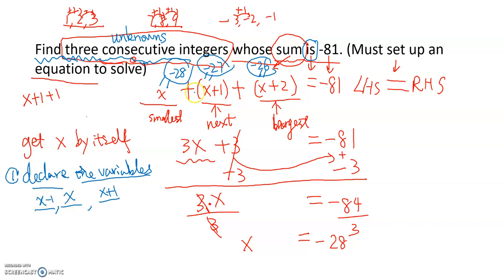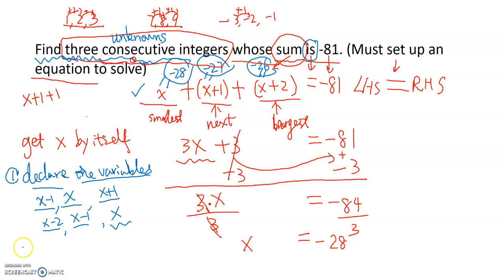Or you can even make the last one your x. Then the previous one will be x minus 1, and the one before it will be x minus 2. Whichever one you like. Probably most of us will make the first one, the smallest, x, and add one, instead of making the largest x and subtracting 1, because usually addition is easier.